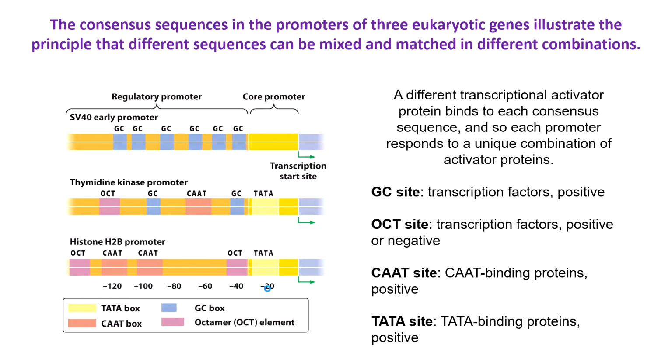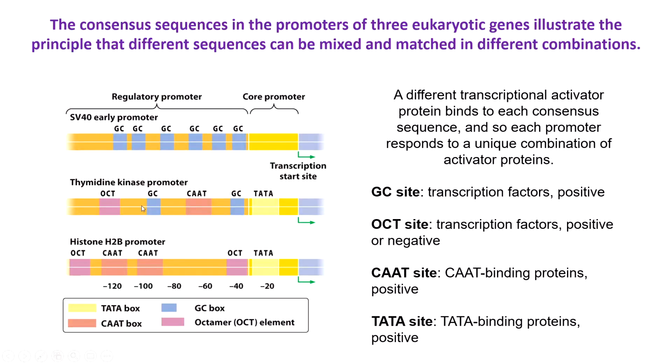For example, here we have this regulatory promoter which helps to control the expression of thymidine kinase. There are lots of different consensus sites within the regulatory promoter. There's the OCT site, which binds transcription factors that either increase or decrease expression.